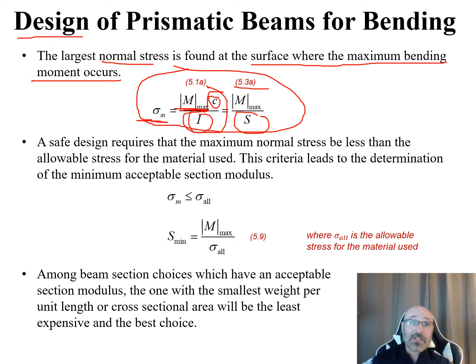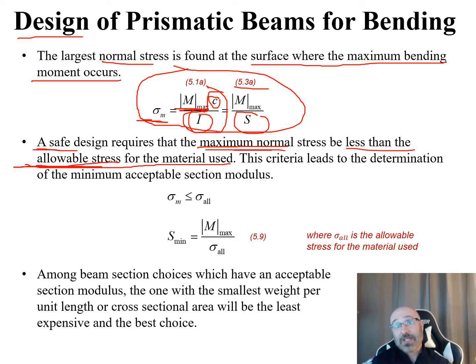Now, another thing to consider is we're talking about safety factors and a safe design. This requires that the maximum normal stress be less than the allowable stress for the material used. So that's something to look at when you're picking out your material types. You have to look up that allowable stress from those tables and charts, and make sure that your max normal stress is less than that.